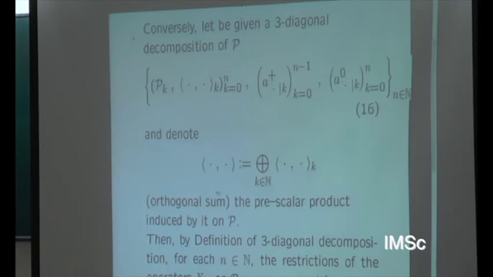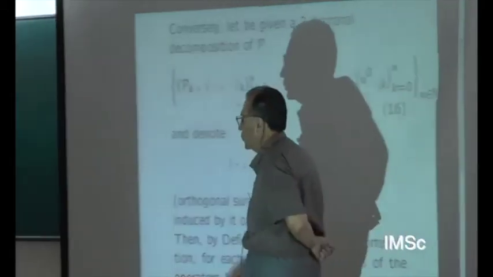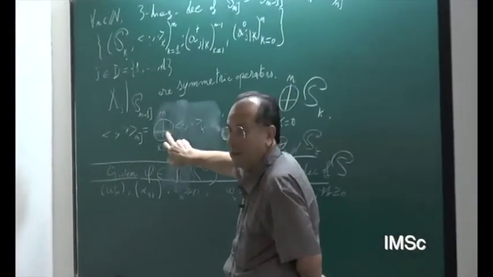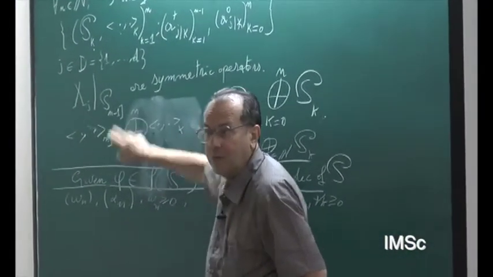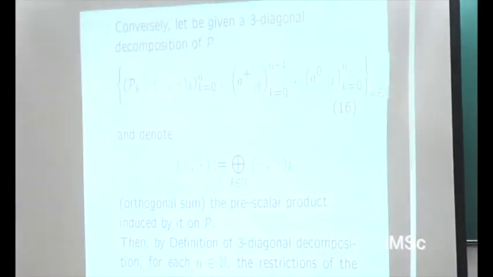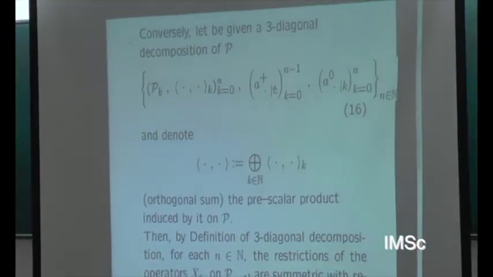Suppose that I have given now a three-diagonal decomposition of P. So remember, this means that I have given a direct sum decomposition of P, which is orthogonal for this scalar product defined for n equal to infinity. And I have given a sequence of creation operators, which are constructed in a certain way that will be crucial.